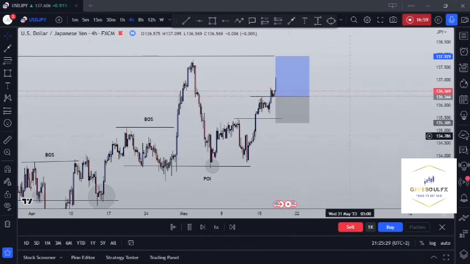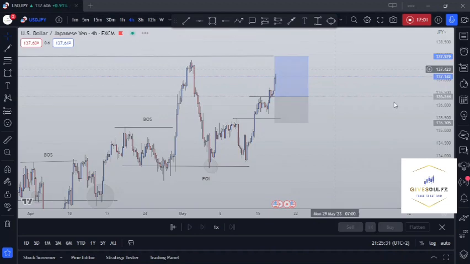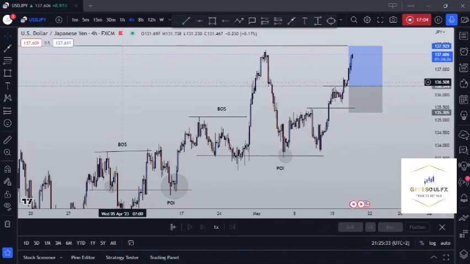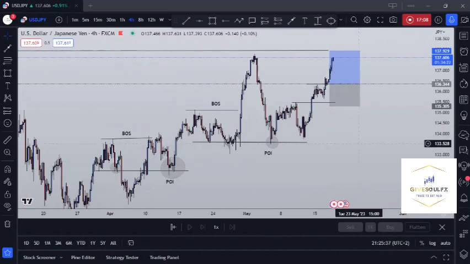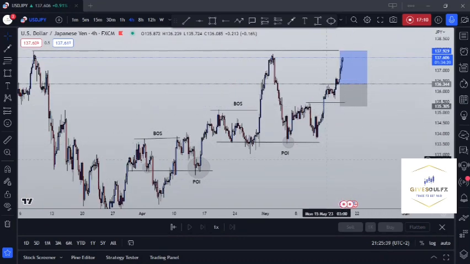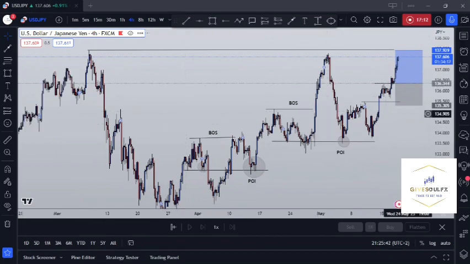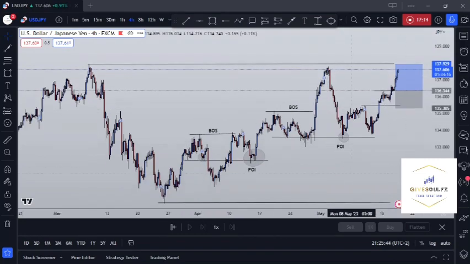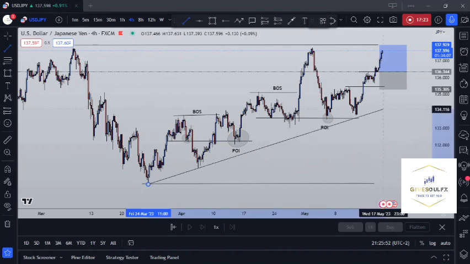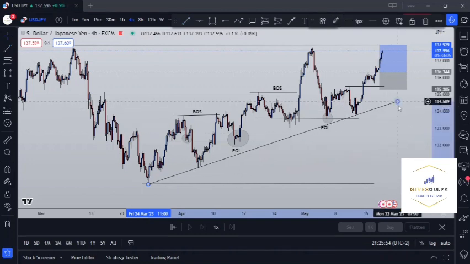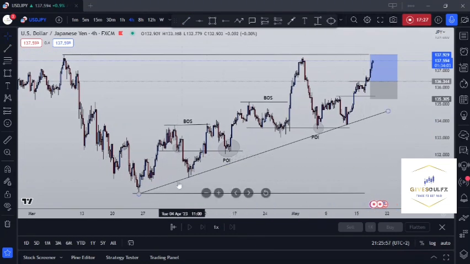Then price came back, testing, then moved in our direction. This is a forecast that I did yesterday using the smart money concept and technical analysis, to show how I would execute more trades on one of that powerful strategy.